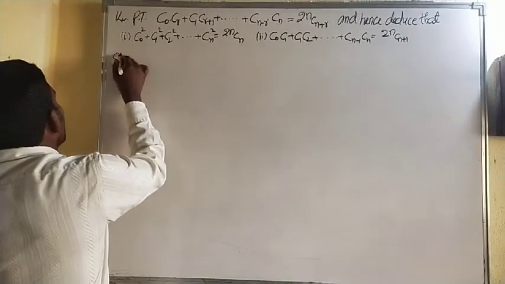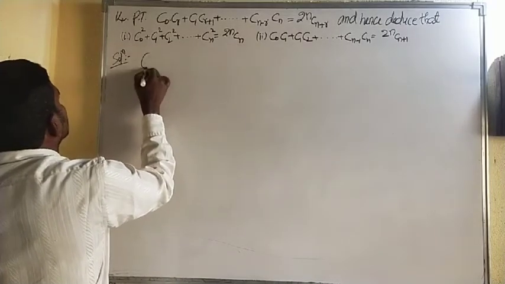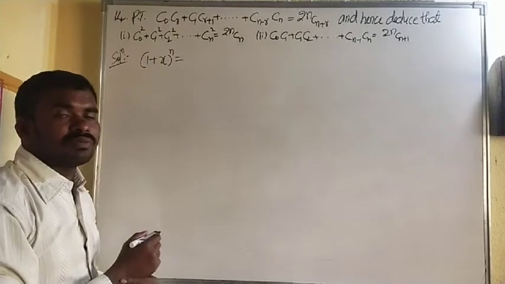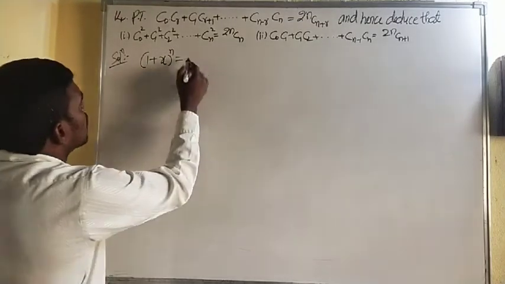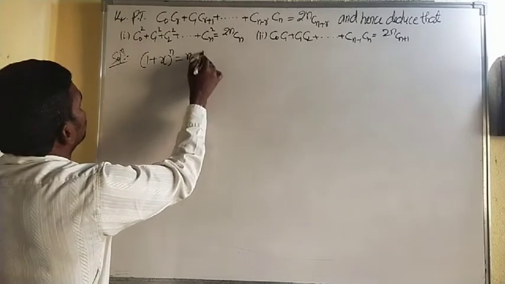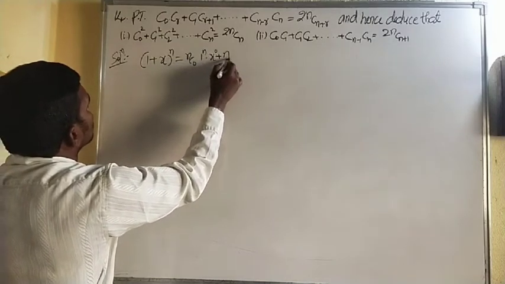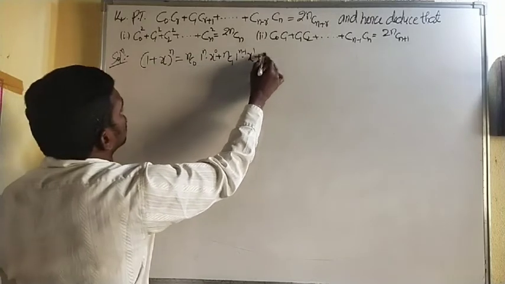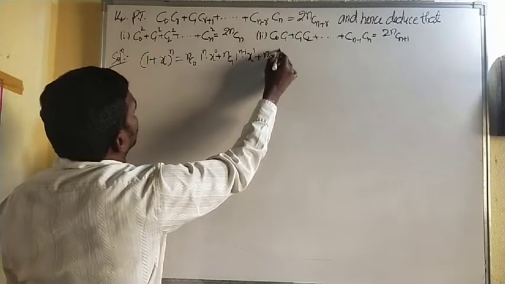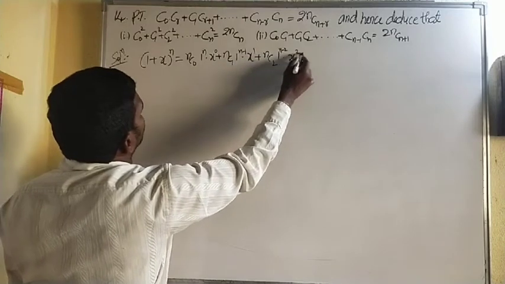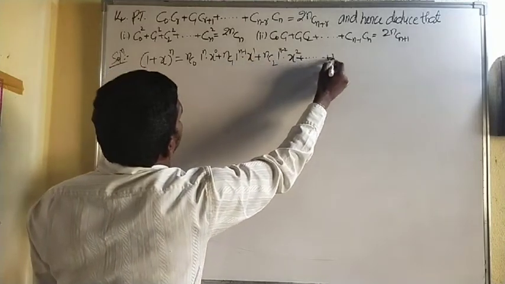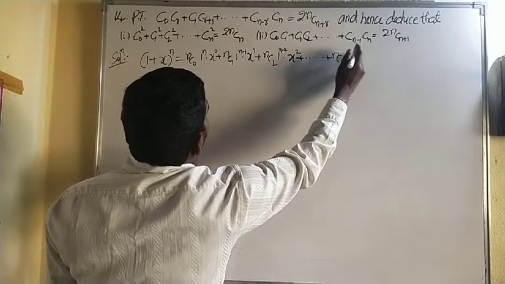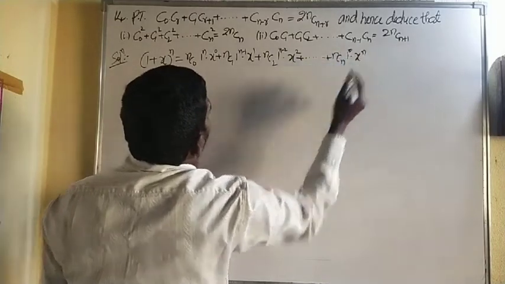Solution. First of all, I would like to write the expansion of (1 plus x) whole power n. In the binomial theorem, what is the (1 plus x) whole power n expansion? nC0 1 power n into x power 0 plus nC1 1 power n minus 1 into x power 1 plus nC2 1 power n minus 2 into x power 2 plus so and so plus nCn 1 power 0 into x power n.